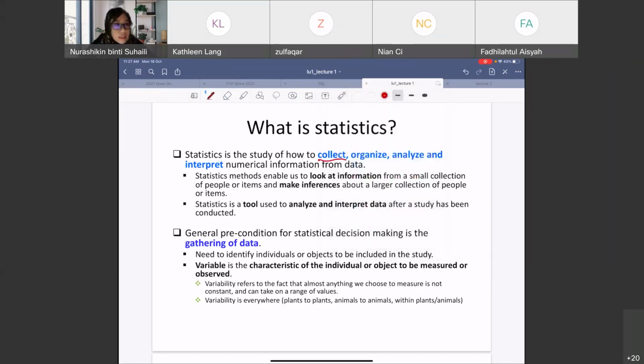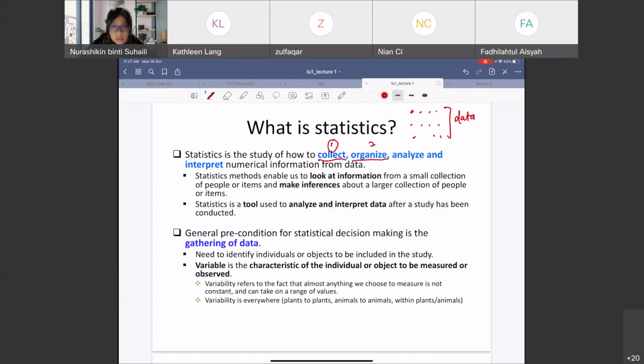Once you collect the data, let's say you have so many data. What do we have to do with that? Before we go into interpretation, which is the last one, the second step is organize.